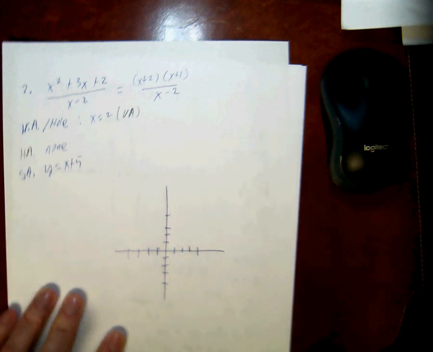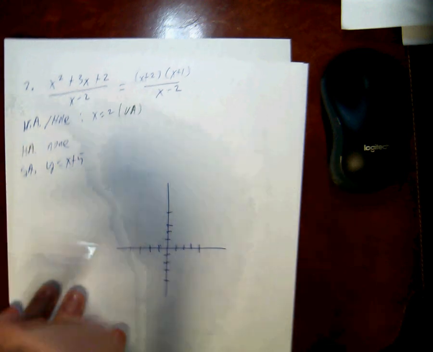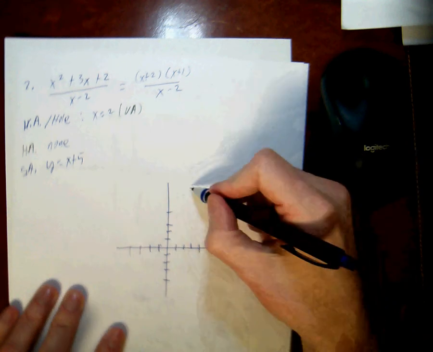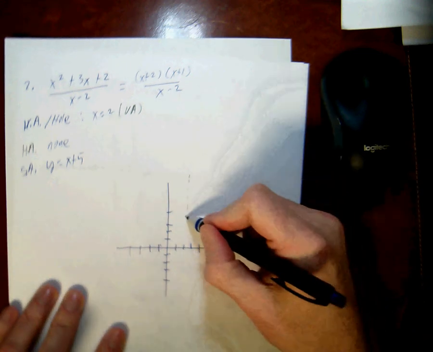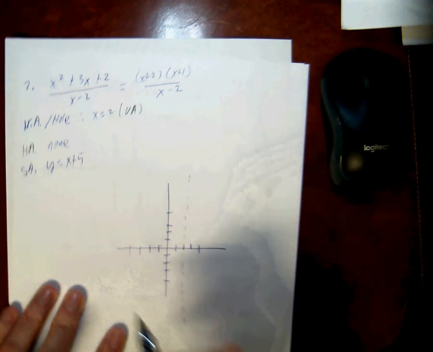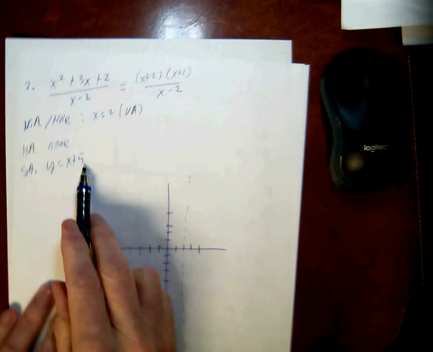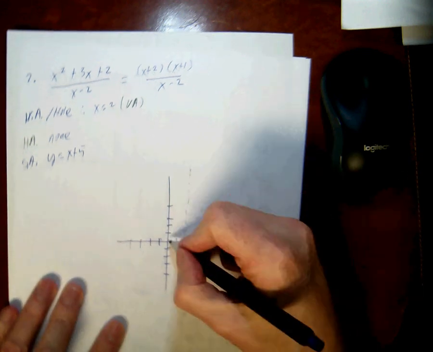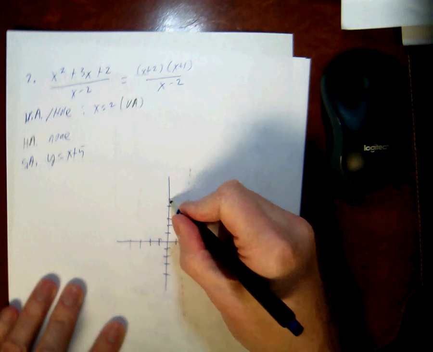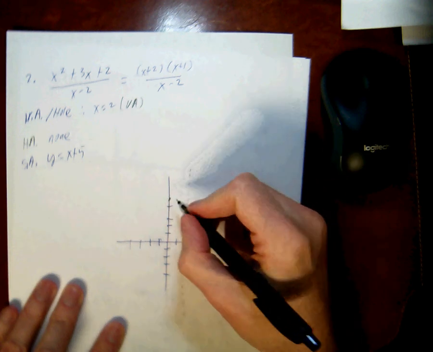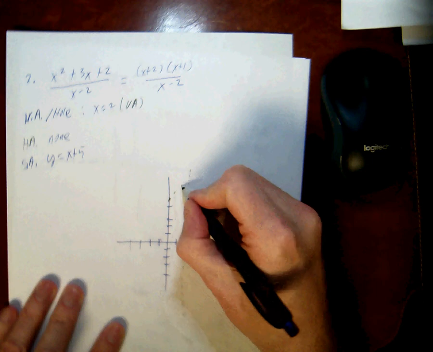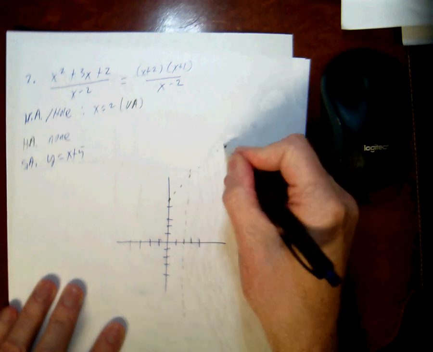Here's what I know. I've got a vertical asymptote at x equals 2. I've got a slant asymptote at y equals x plus 5. Well, that means go up 1, 2, 3, 4, 5. If I've got a slant asymptote, it's got a slope of 1, so up 1 over 1, up 1 over 1, up 1 over 1.